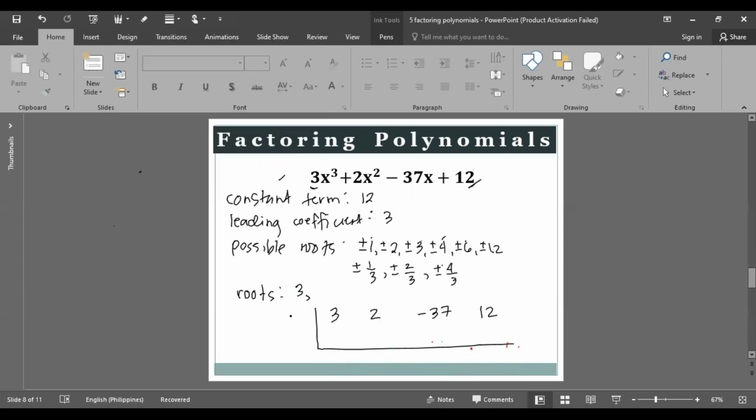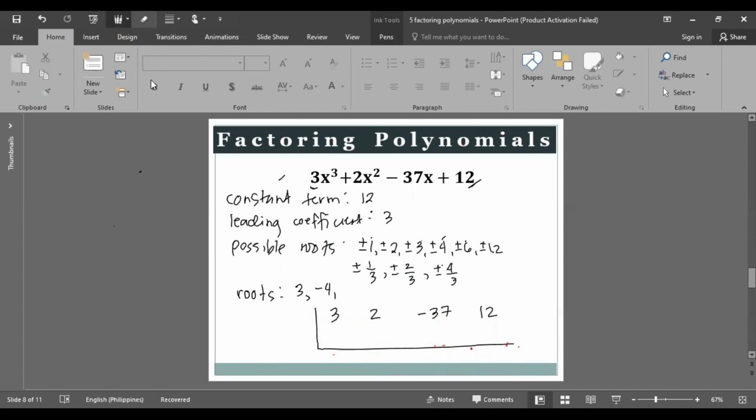Let's try negative 4. Bring down 3, multiply negative 4 by 3, we get negative 12, perform addition, negative 10, multiply, positive 40, add, positive 3, then multiply, we get negative 12, then we get 0. So, may isa na tayo na idagdag ulit. Negative 4. Isa na lang.